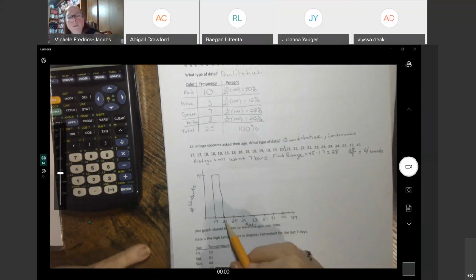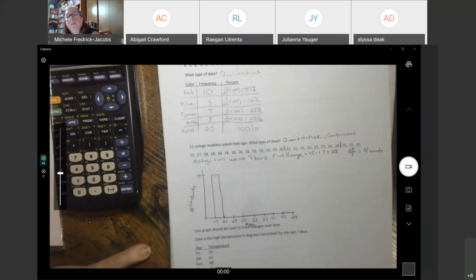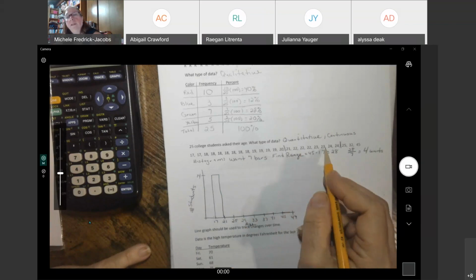The next one's 21 up to, but not including 25. So that would go to here. That 25 that's there goes into the next bar. 1, 2, 3, 4, 5, 6, 7, 8.